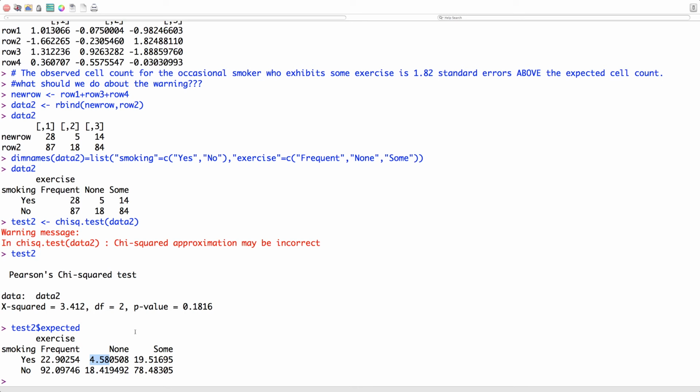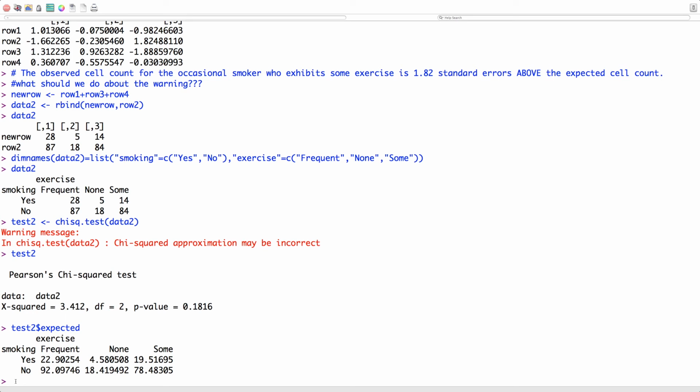I guess what I would probably do here, I'm not going to because this video is going to be long anyway, but I would probably combine frequent and some and create a 2x2. Now if you get into a 2x2, you have to do what's called a Yates continuity correction. So just a word of caution, you'd have to explore that.